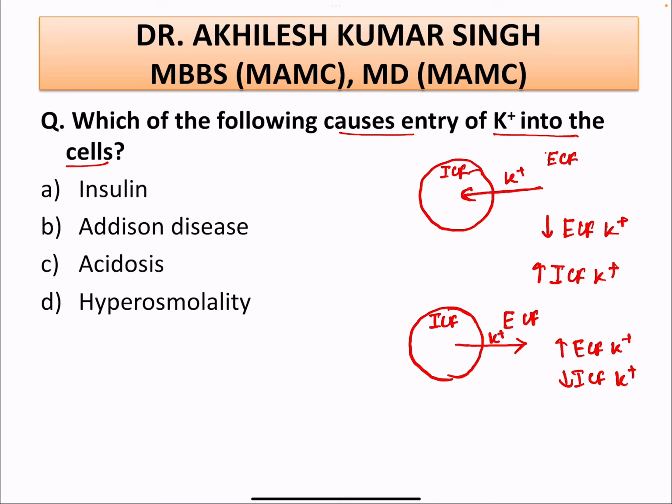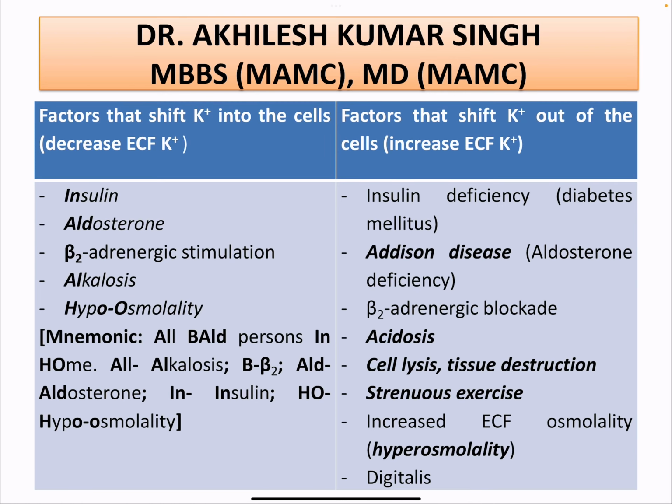So we will discuss these two things here. Let us see the factors that shift potassium into the cells, meaning from ECF to the ICF, and these factors will decrease the ECF potassium.